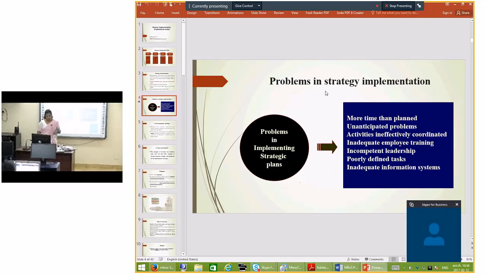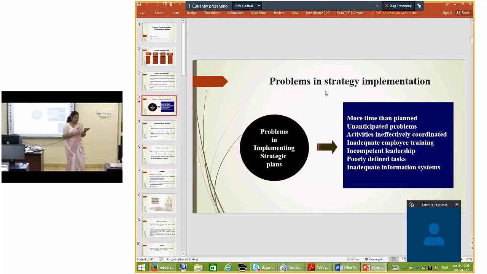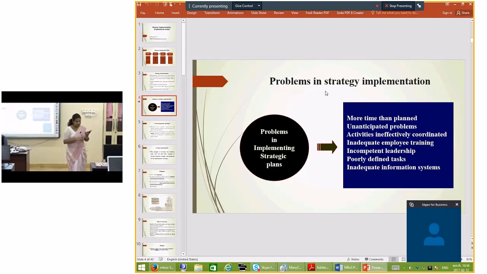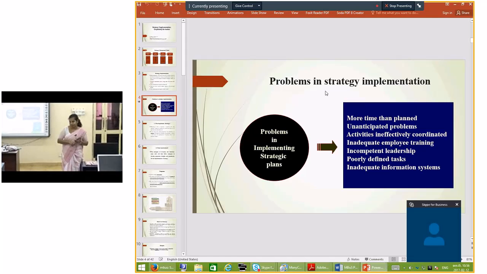Therefore, when it comes to the stage of implementation, as strategic managers we need to be concerned about the staffing requirements and also the leadership. And along with these two aspects, we have to think about the company's culture.